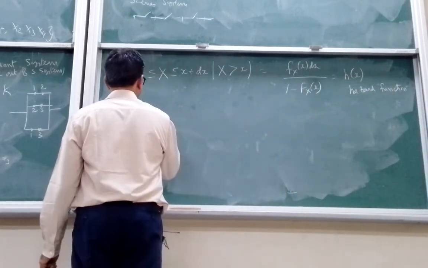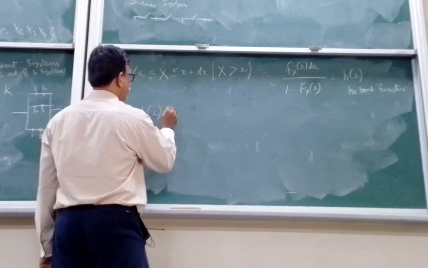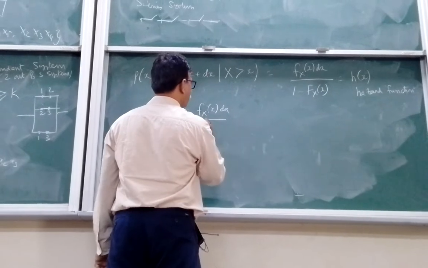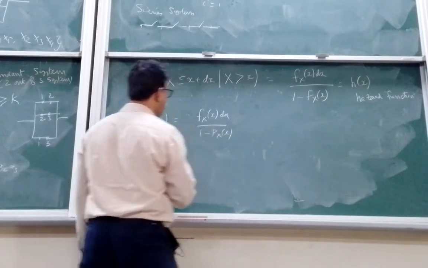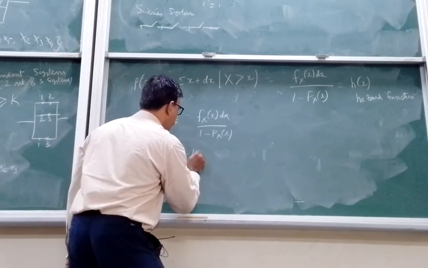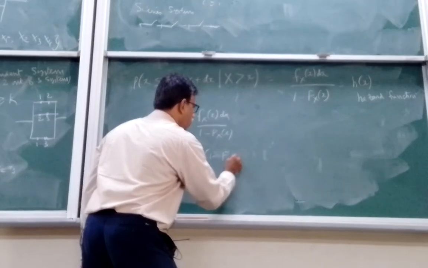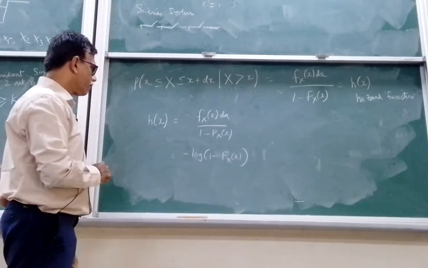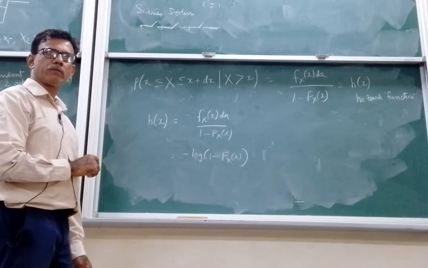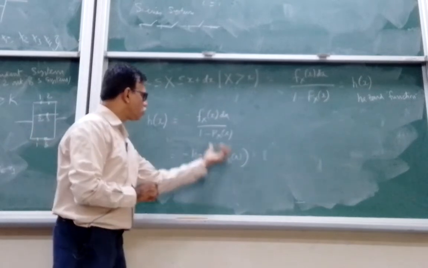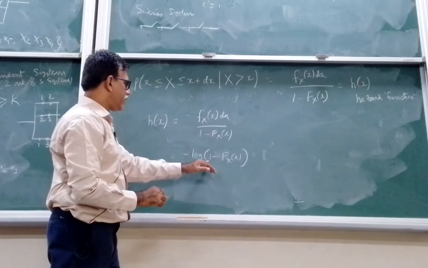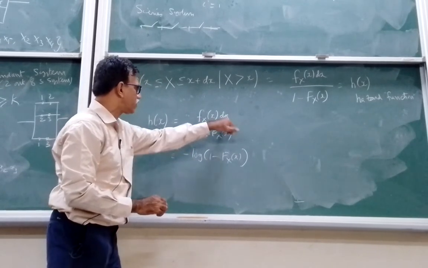This can be written as follows, because this is 1 over 1 minus Fx of x, and if I differentiate it, I will get fx of x dx with the minus sign.